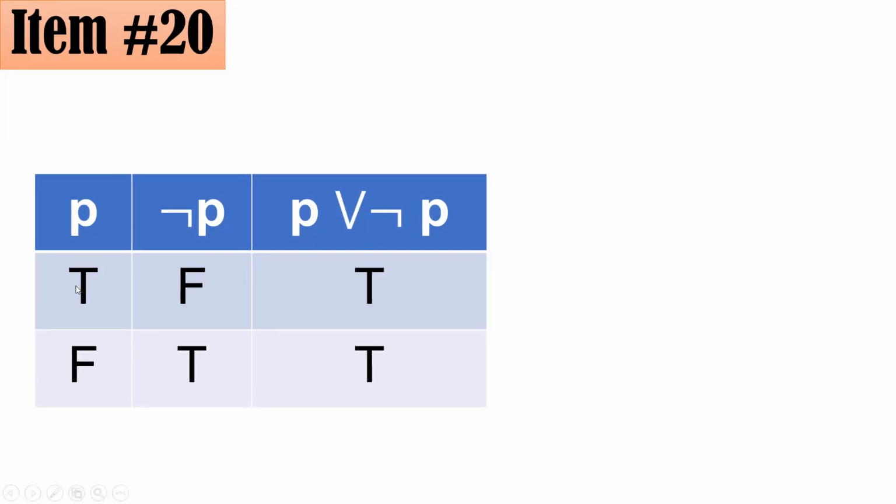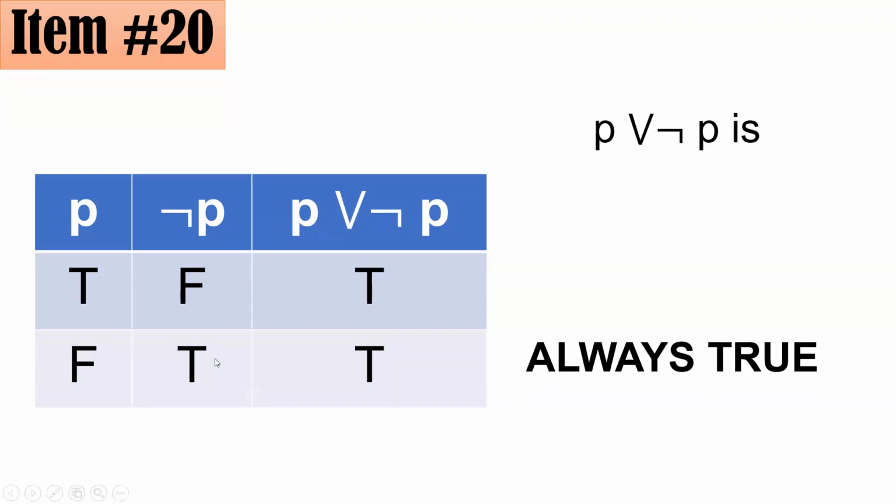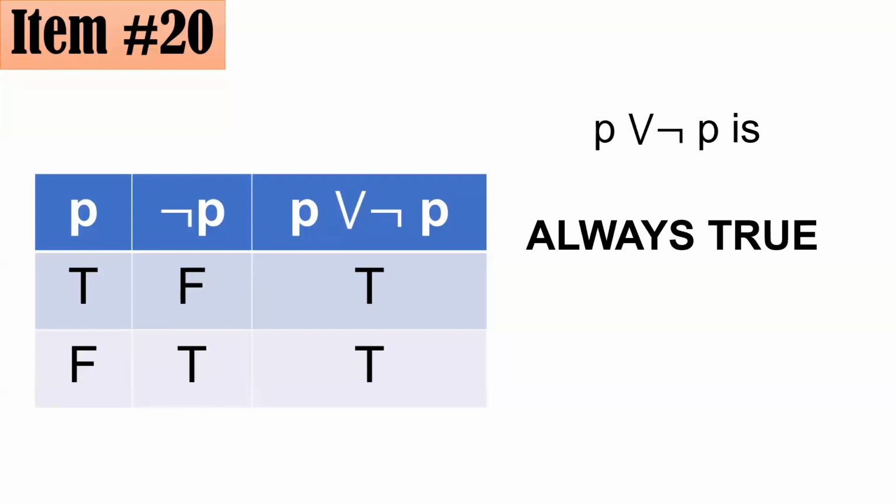Halimbawa, true or false, true po yan, kasi may at least one true. False or true, true pa din po yan. That's why, kahit ano man po yung value ng P, P or not P is always true. Letter D. Yun yung kinagandahan sa disjunction or sa logic, kasi kahit gaano kadami yung mali, kahit may isang tama lang, true na yon.